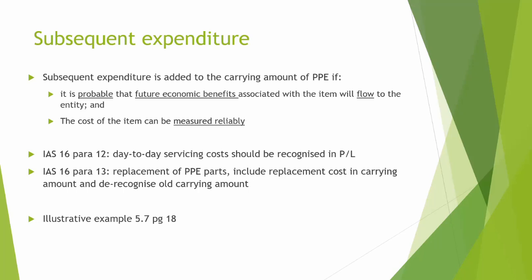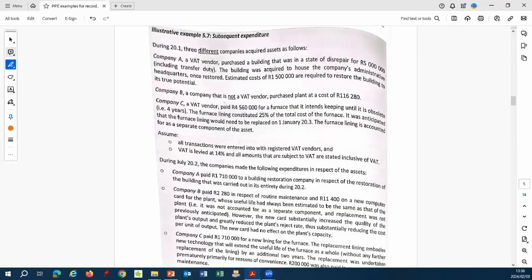So with respect to subsequent expenditure, we have an illustrative example that we can have a look at, and this example is on page 18 of your prescribed text, illustrative example 5.7. Illustrative example 5.7 has a look at the concepts of subsequent expenditure.